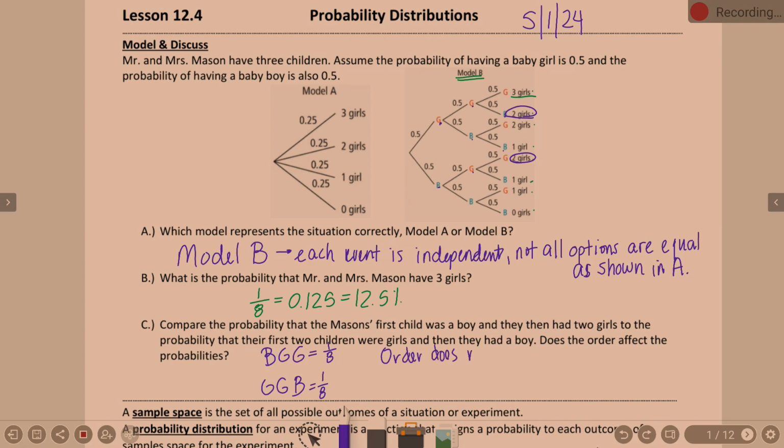So, order does not make a difference. And I'm going to say each probability is 1/8, and I'm going to talk about that.